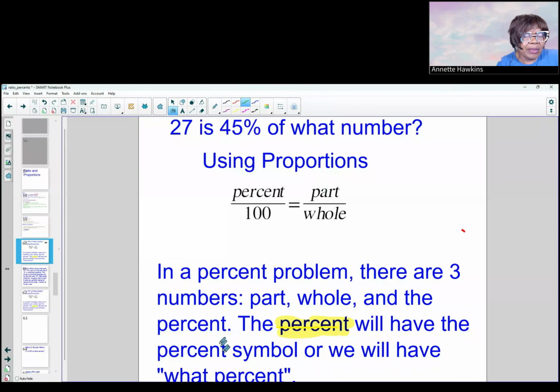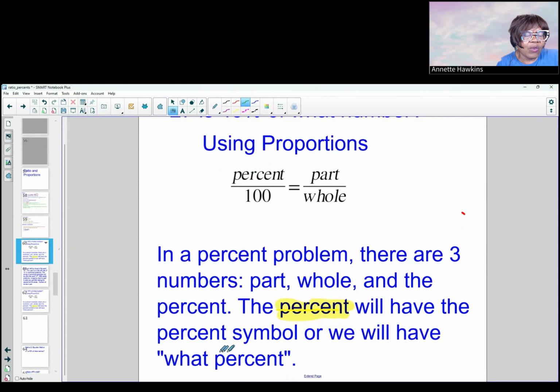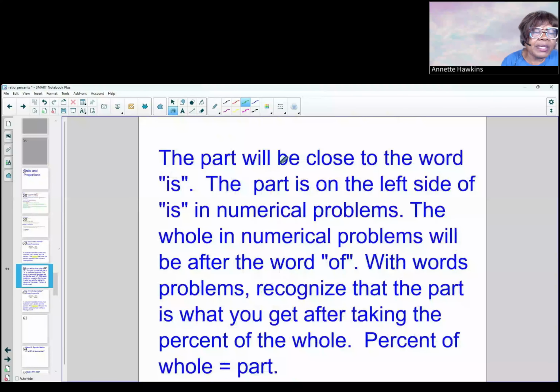The percent will have the percent symbol, or we will have what percent. Okay, the part would be close to the word is. The part is on the left side of is in numerical problems. The whole in numerical problems will be after the word of.